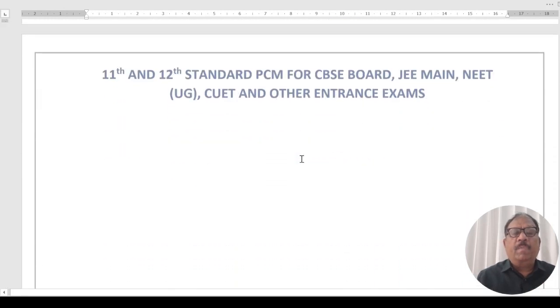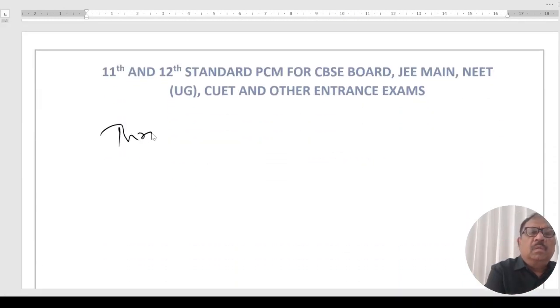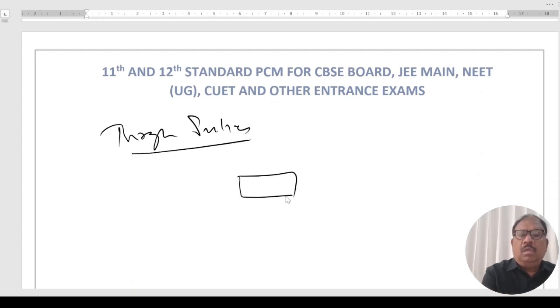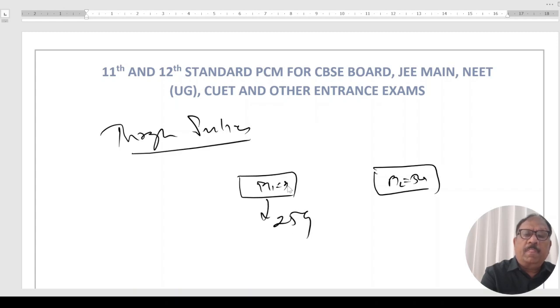Second case, through a pulley. M1, M2, 50 kg, 25 kg, 25 g, tension. In this case, tension always acts in such a way that it tightens the string, not to lose it. Tension, and this is M2 g, that is 50 g.